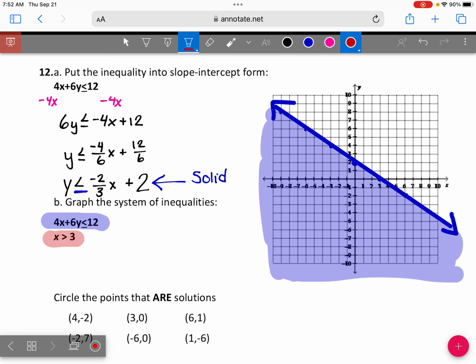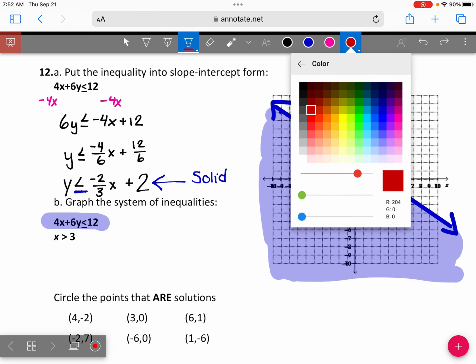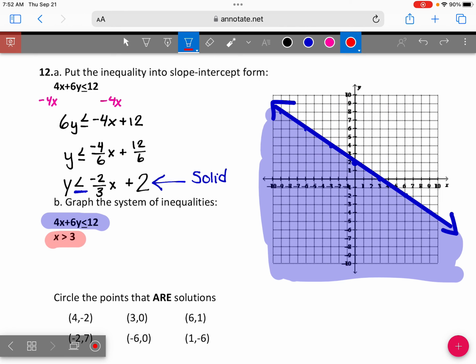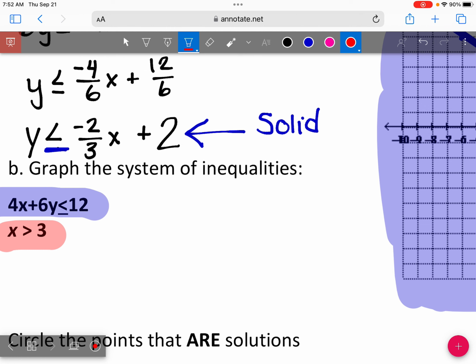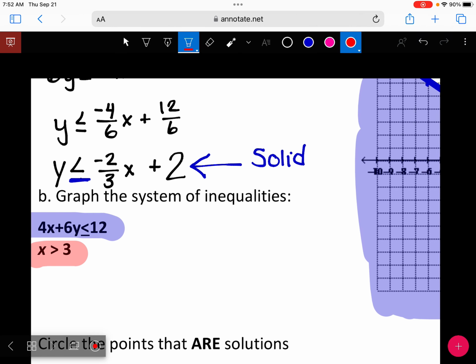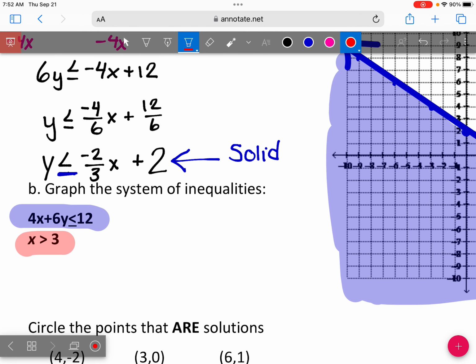Then let's do this one. Make that brighter. There we go. This says x is greater than 3. So what's this one going to look like? Where is x equal to 3?